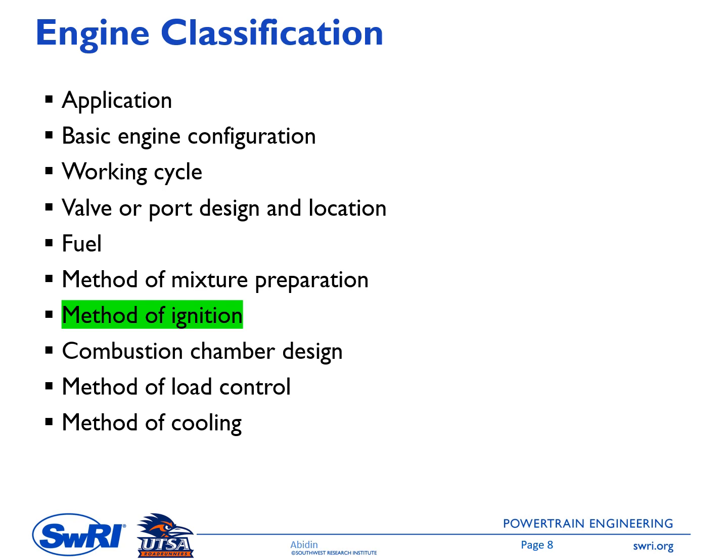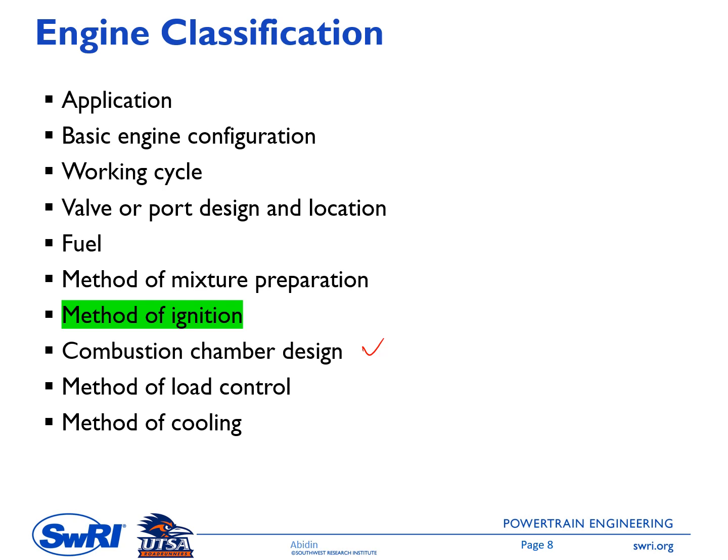These internal combustion engine types can be classified by method of ignition. So we have spark ignited engine, we have compressed ignited engine, so this is the diesel engine. The engine can be classified by a combustion chamber design. Okay, so we have open chamber. So this is a typical chamber for spark ignited engine.